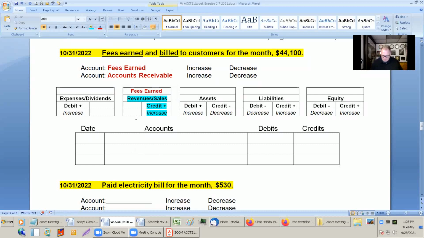So truthfully, you could actually do this one without showing the increases or decreases. Revenues, credits.